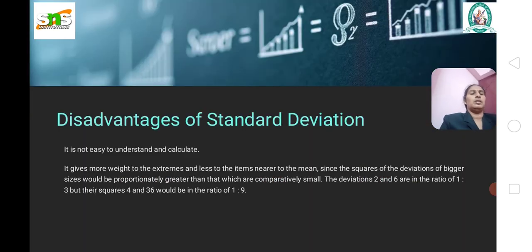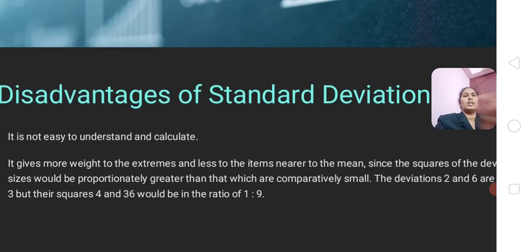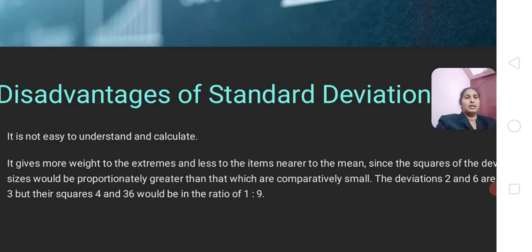There are also some disadvantages of the standard deviation: it is not easy to understand and calculate, and it gives more weight to items far from the mean than to those nearer to the mean.